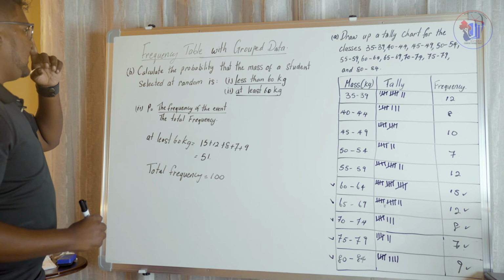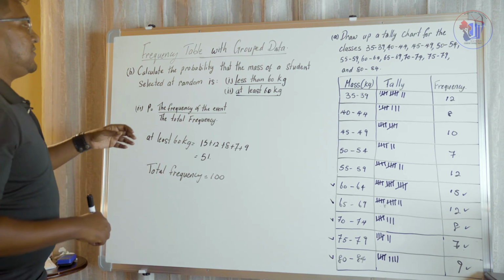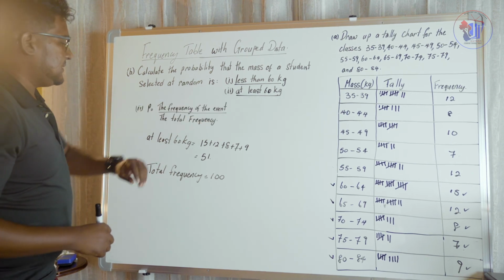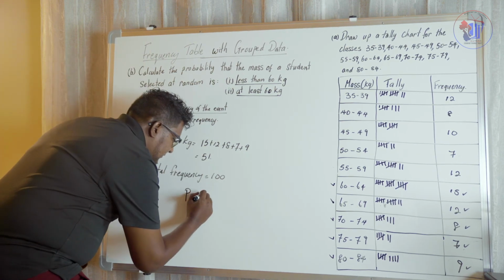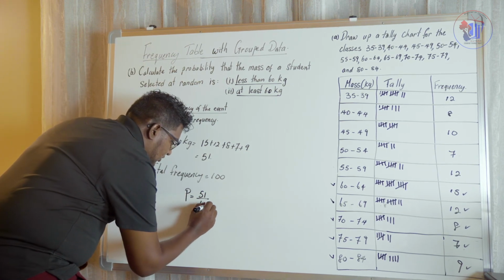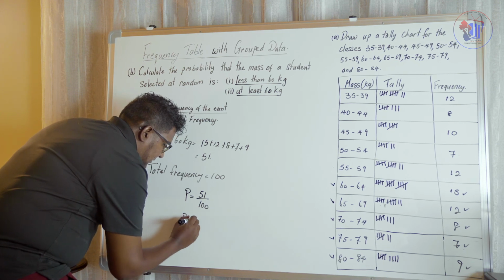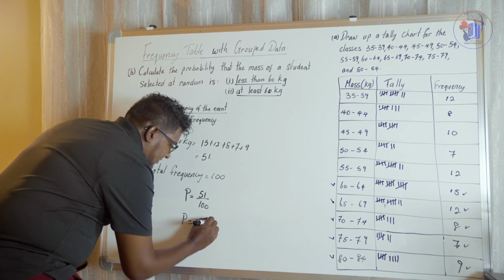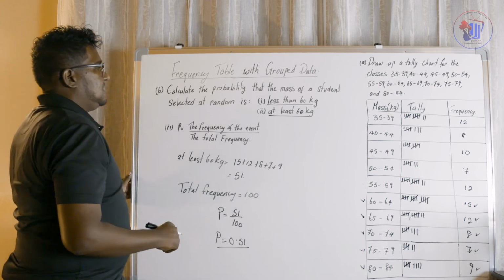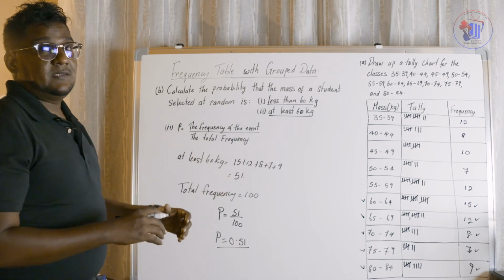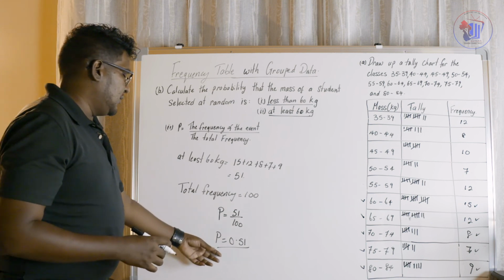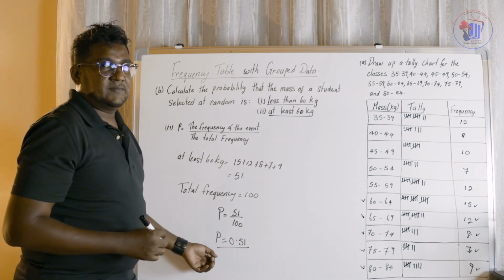So the probability that a student selected at random is at least 60 kg is going to be 51 divided by 100. And when we divide them, the probability is going to be 0.51. So the probability of selecting a student out of the 100 to be at least 60 kg would be 0.51.